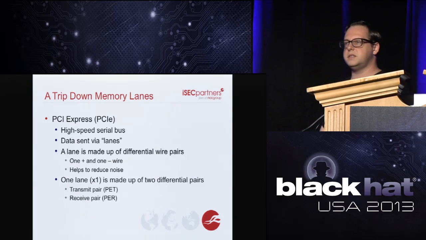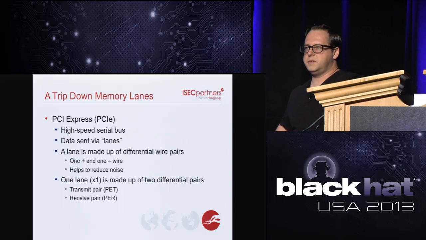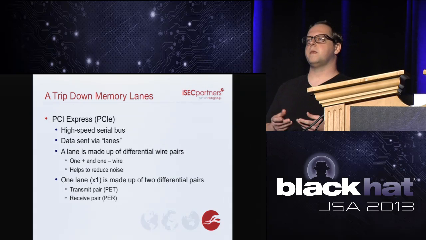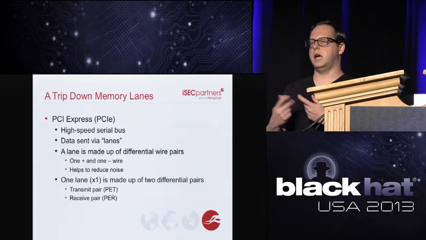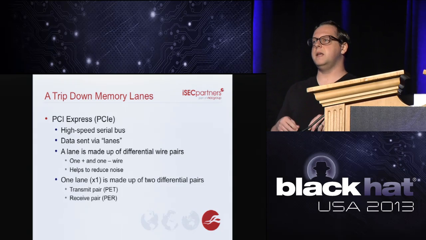PCI Express is a high-speed data bus. It's serial, so no longer using parallel anymore. Data is sent via lanes, and a lane is made up of two simplex data paths, one transmit, one receive, and each of those is made up of two differential pairs.